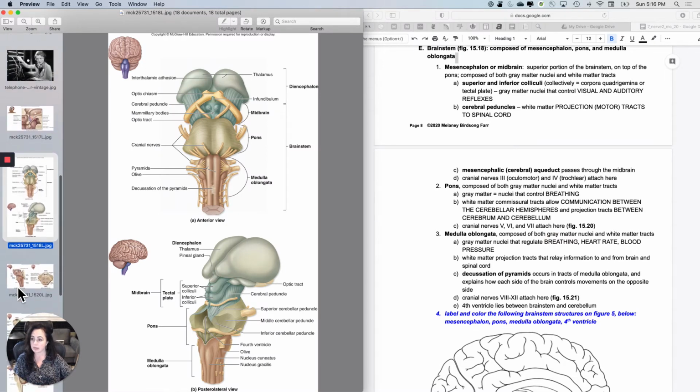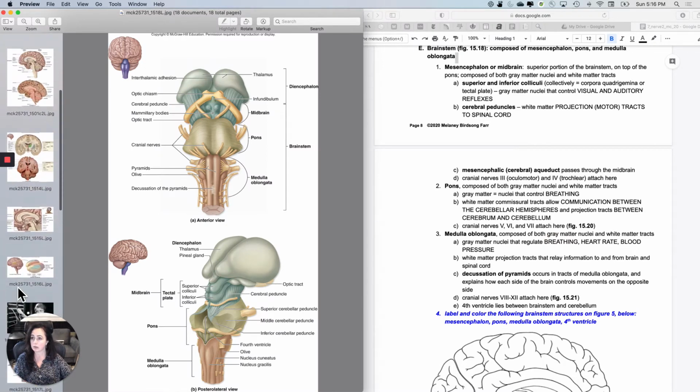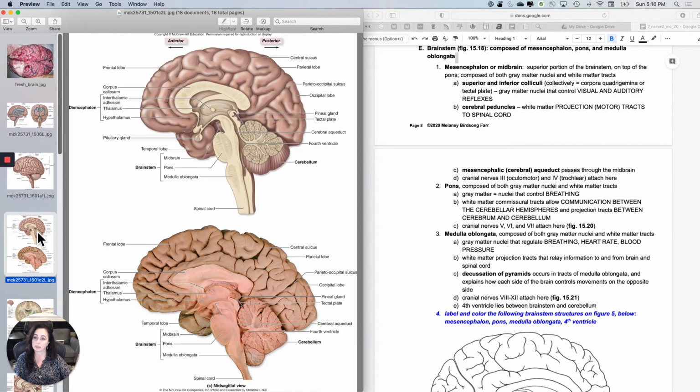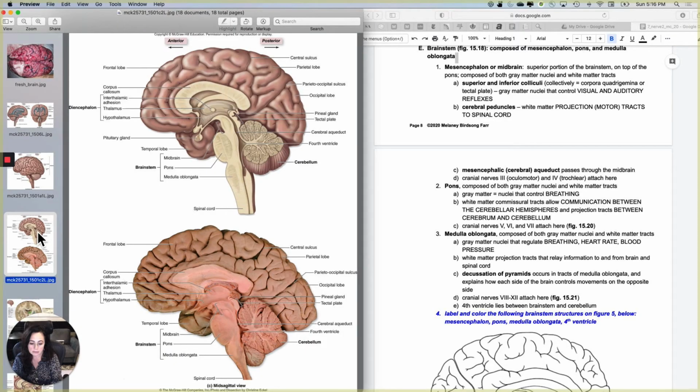Okay, so now I want to look at where we are in relationship to other stuff again. Now I want to talk about the brainstem. So here's the deal, and it's hard to figure out when you're looking at the brainstem, but we can totally do it. Since we already talked about all of this stuff, let's just go ahead and label it really quickly. So this is the cerebrum.